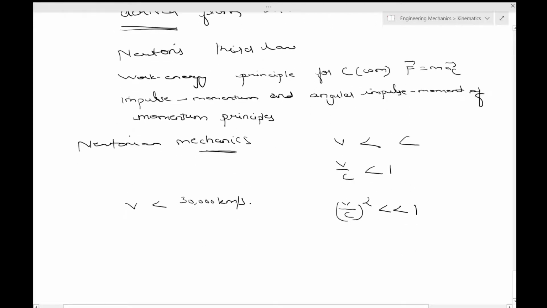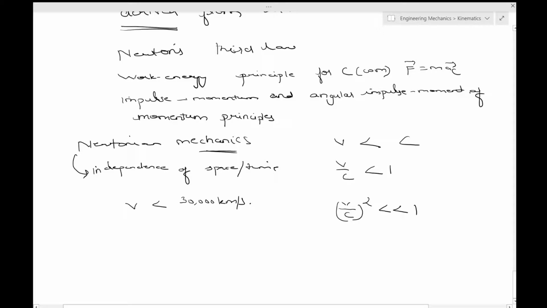In this one there is an independence of space and time. In the relativistic one there is a space-time continuum, and I hope you have heard about those things before.